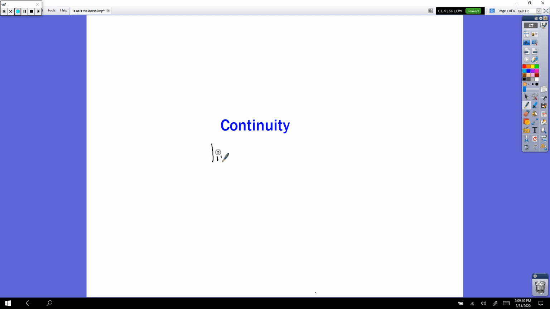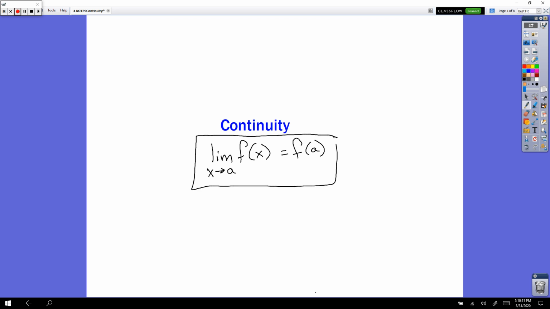If we find the limit as x approaches some number a of my function f of x, once I find that limit by substitution or using a graph or whatever it is, it has to equal f of a, so plugging the number into the function. At first, we're going to look at using a graph to determine this, and then we'll look at substitution and some other things. But this is the rule for deciding whether or not something is continuous.